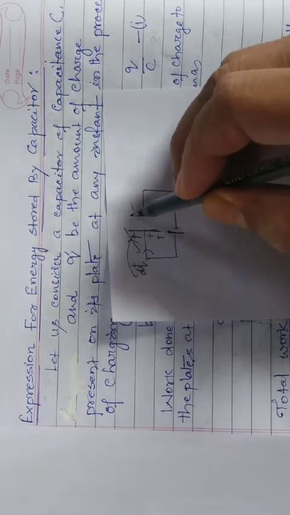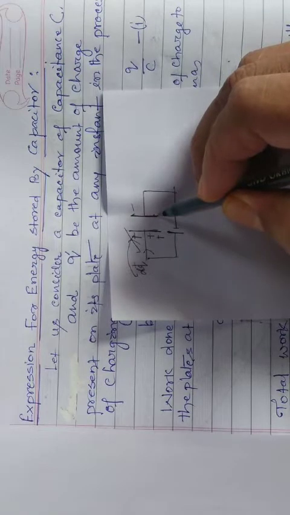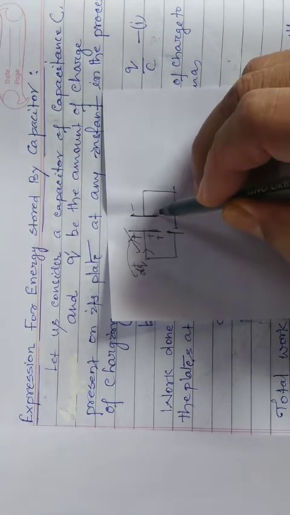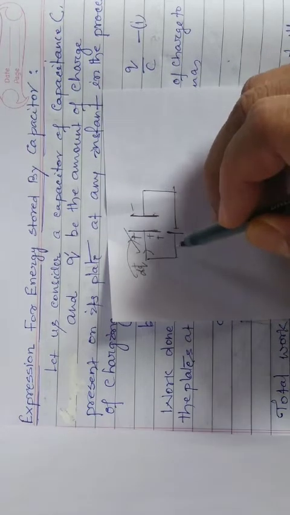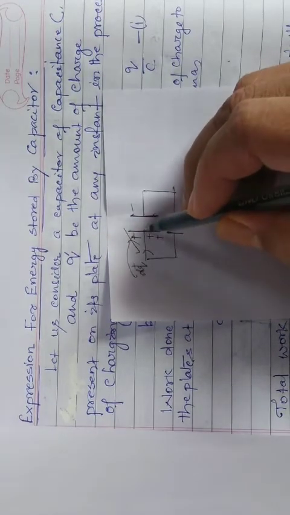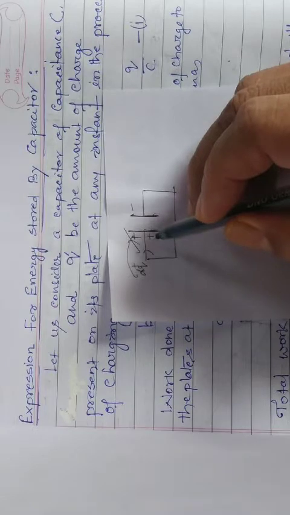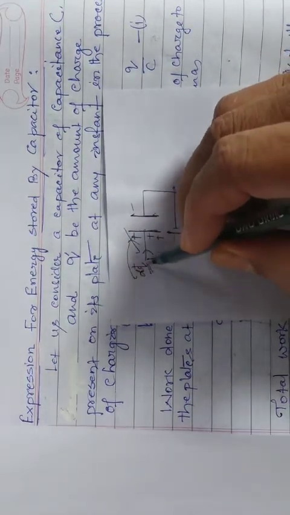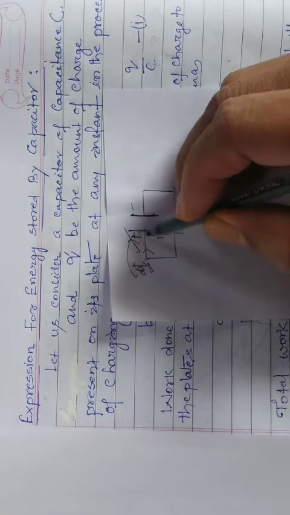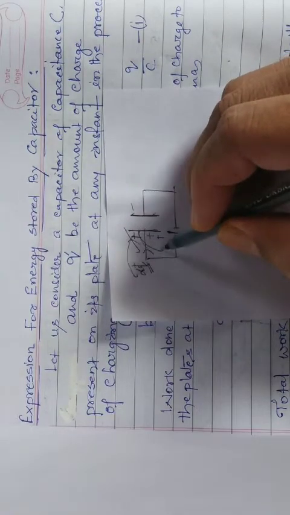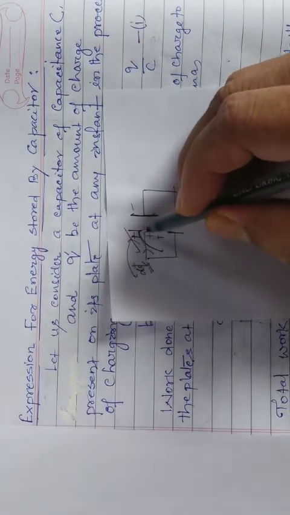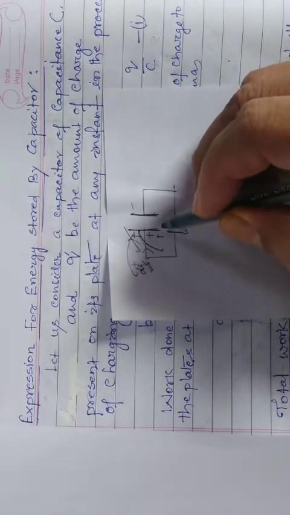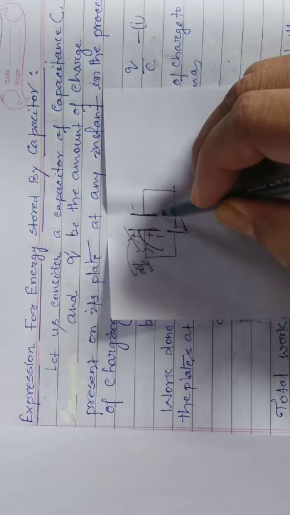So the potential difference which gets established between the plates of the capacitor opposes the growth of the charge, and in order to further transfer the same amount of charge to the plates, more and more work has to be performed by the battery against this increasing potential difference.